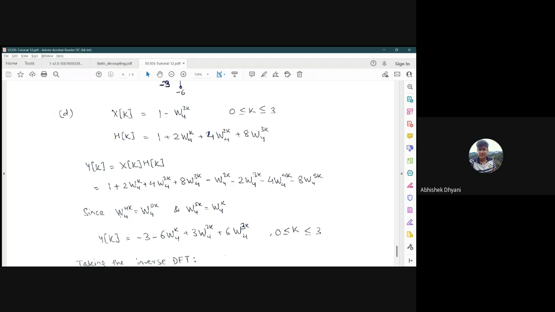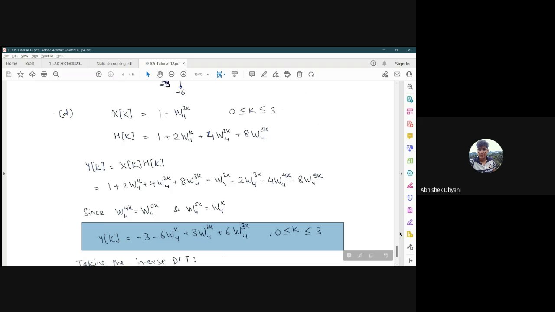And so we can substitute it here, and there are a few terms like W4 to the power 4k, which will become just minus 4. So minus 4 plus 1, which will give me this minus 3. Similarly, on substituting this one as well, I will get finally this expression. Okay, and this is for k going from 0 to 3.